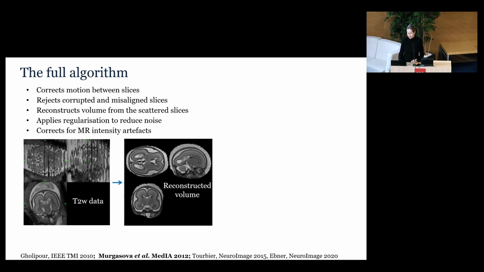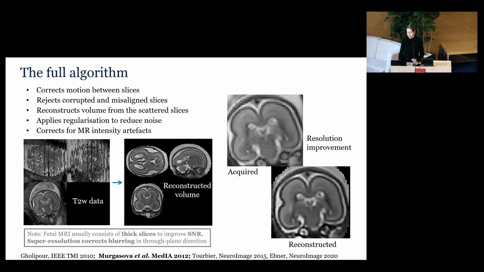So the full algorithm that we are using corrects motion between slices, rejects corrupted and misaligned slices, reconstructs volume from scattered slices, applies regularization to the volume to reduce noise, and corrects for MR intensity artifacts. And here you can see how the reconstructed volume compares to the acquired slice.